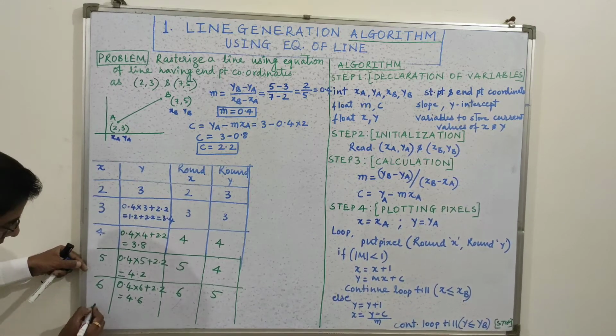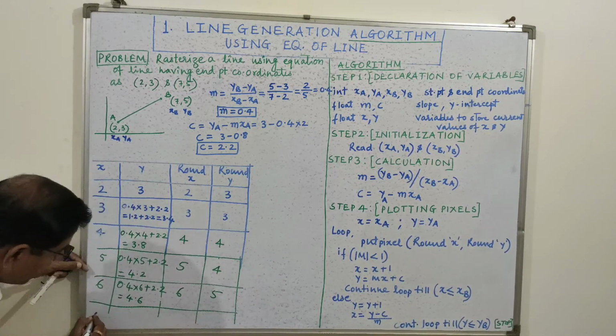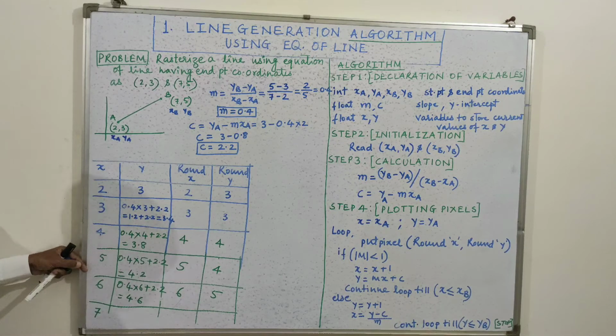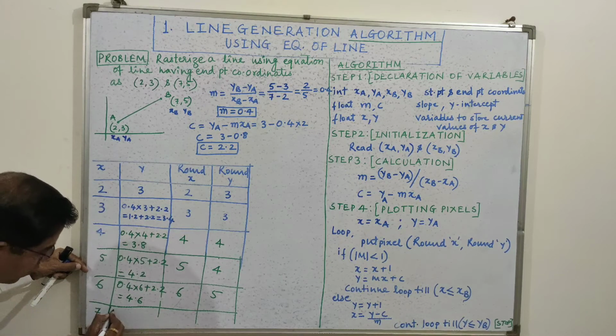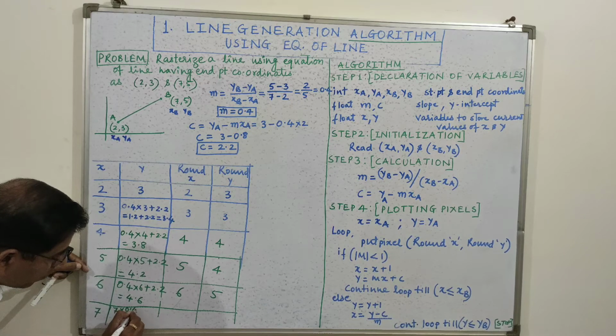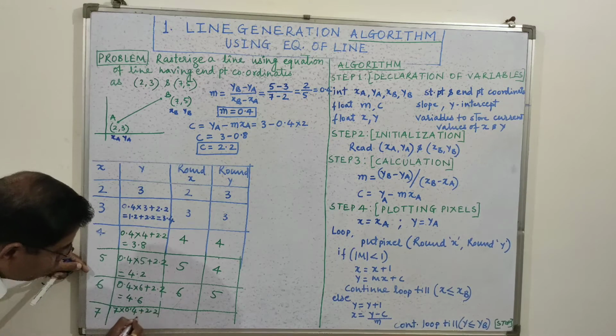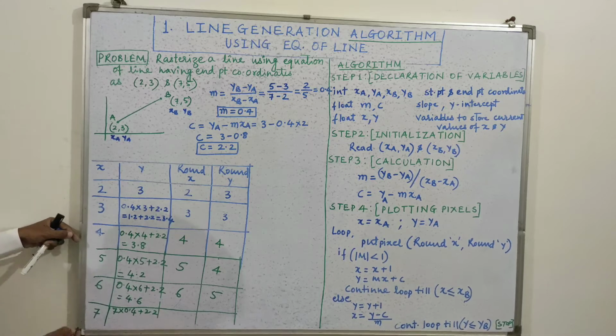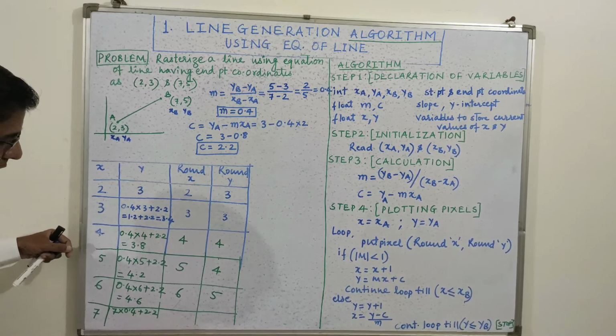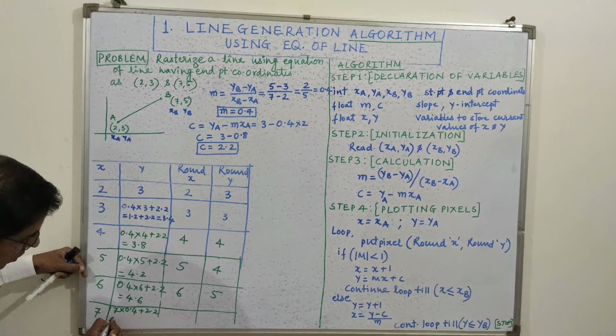And last, 7. So 7 into 0.4 plus 2.2. Seven 4s are 28, so this becomes 2.8 plus 2.2, which becomes 5.